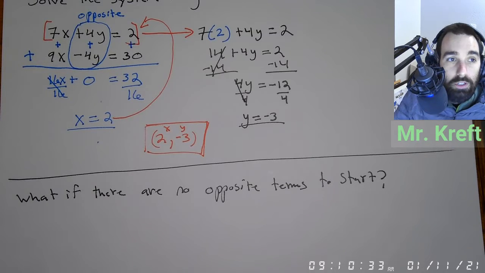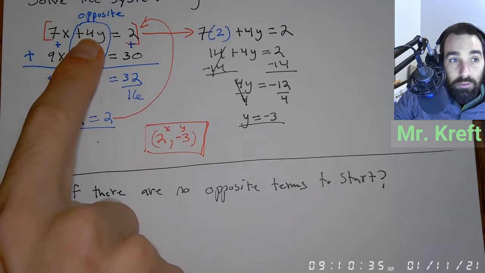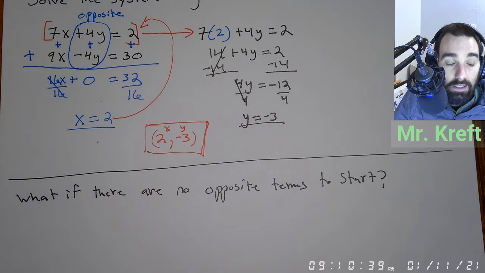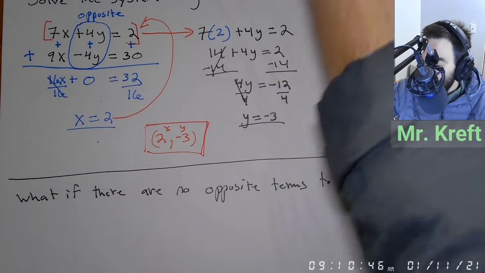Okay. So what we're looking at here, when we first started on this one, 4y and negative 4y were opposite. So we're going to take a look at what we're going to do to be able to get opposite terms.